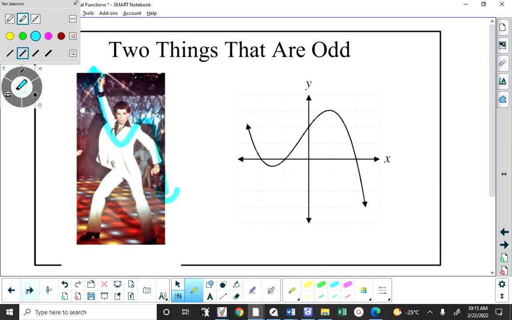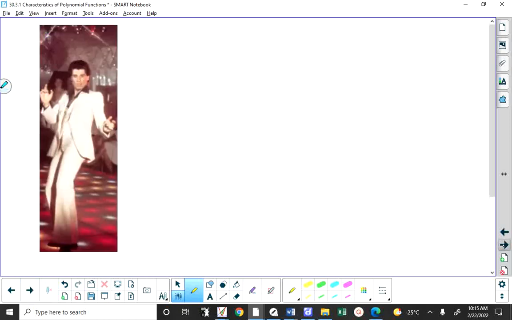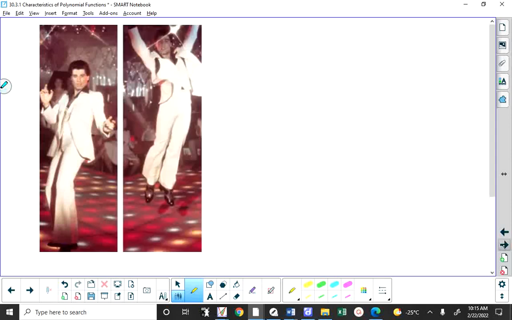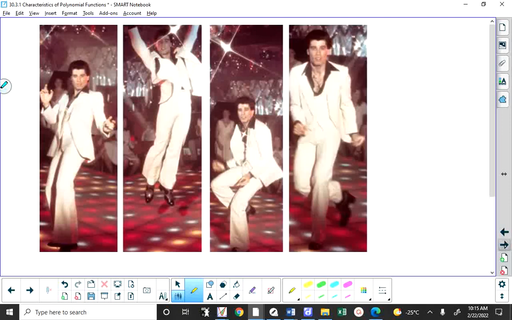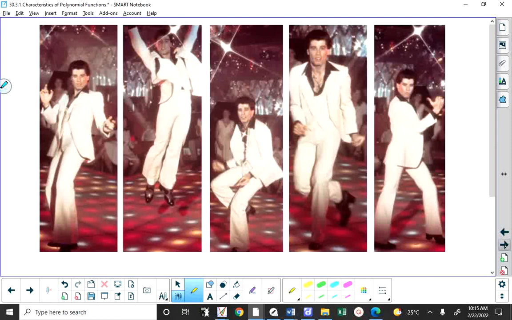Those are not the only shapes John Travolta is capable of. So there's a degree 4. I don't know what that is. It just gets more and more embarrassing as you go on. It's a great movie. See if you can find it online. By the way, just a couple of notes about that movie.